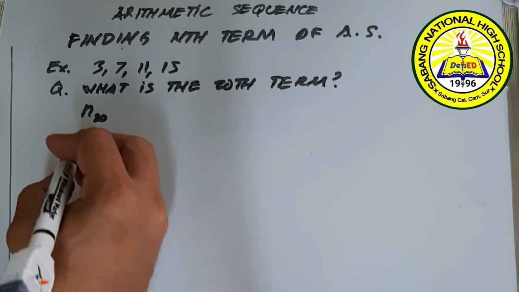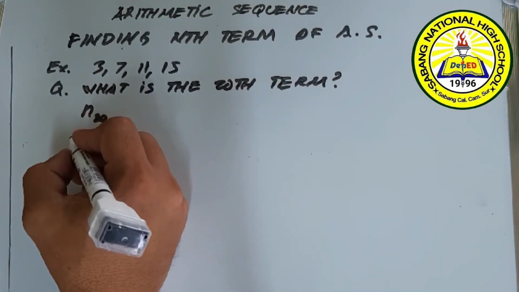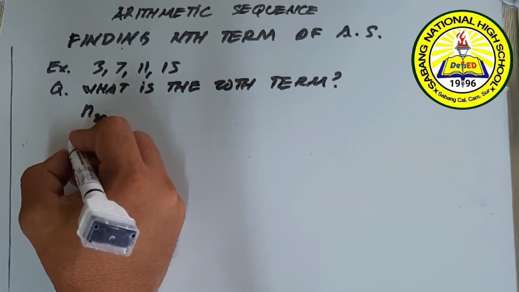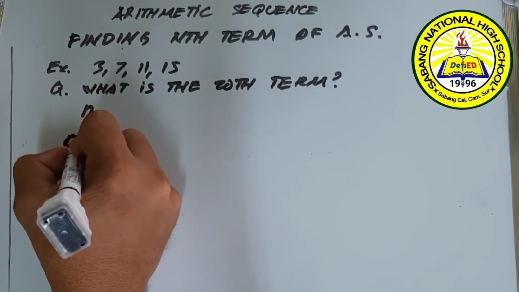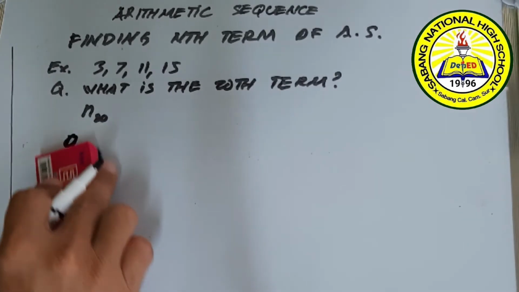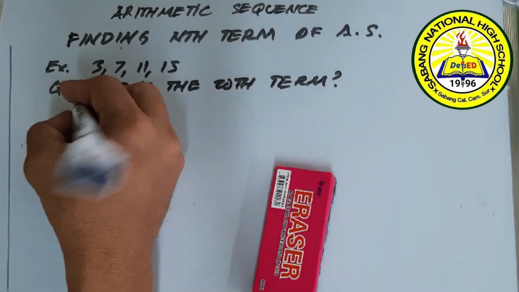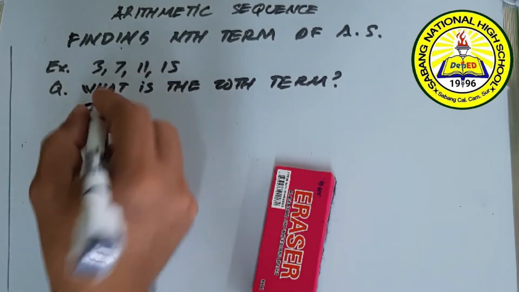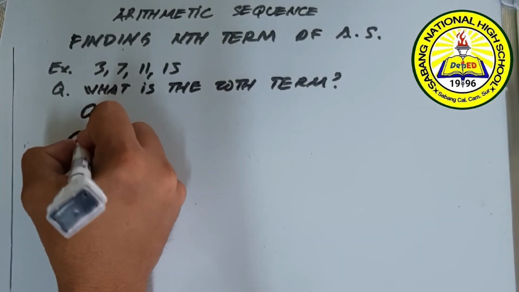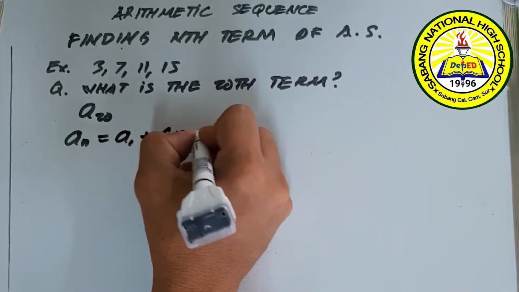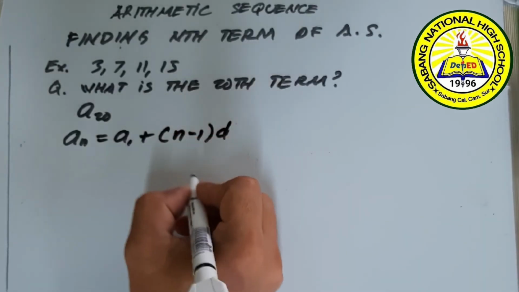To find it, let us go back to the formula for the arithmetic sequence. What is being asked is a sub 20. The formula is a sub n equals a sub 1 plus the quantity of n minus 1 times the common difference.